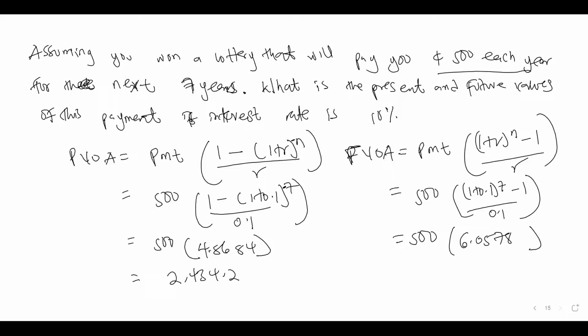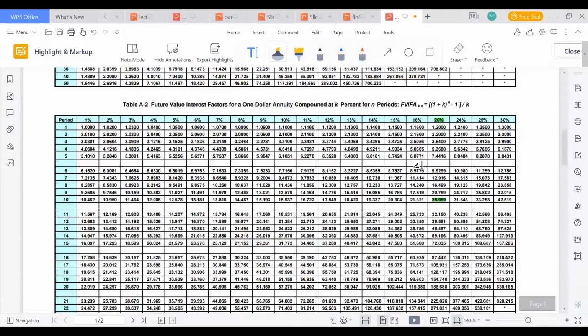But you can read your table. The future value, because you are talking about future value, so you can read the future value interest factor of annuity. 10%, 7 years here. That means I'm not punching something right, because the future value interest factor for 10%, 7 years is 9 point something.